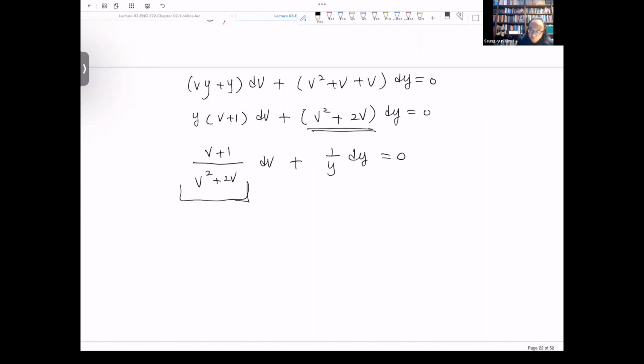For this term, I'm going to write (v plus 1) over v times (v plus 2), and we're going to separate this into a over v plus b over (v plus 2). If we can separate these two, then it's going to be all ln terms when you take the integral of this.